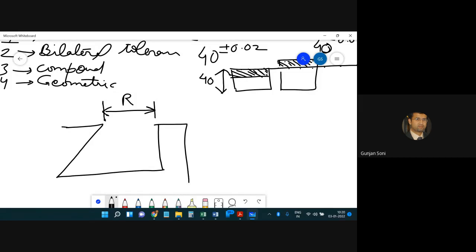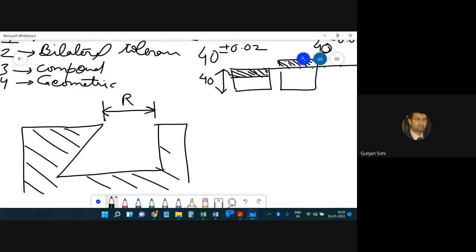I mean, you have to produce it. This profile has to be produced. Okay, this is the cross section of that. So this angle, if it is 60 degree, it could be plus minus 2 degrees. Okay, the tolerance is shown over here.